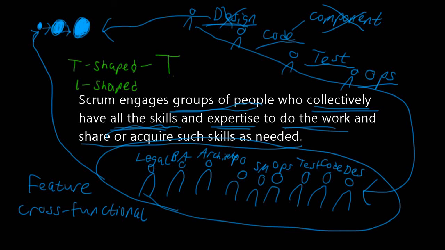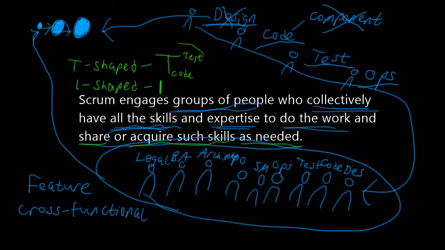So let's say they are great at coding and they are okay at testing, as opposed to just a bunch of I-shaped people that basically only work on their aspect of the increment. But with Scrum, the whole team has all the skills necessary, and they share and acquire such skills as needed.